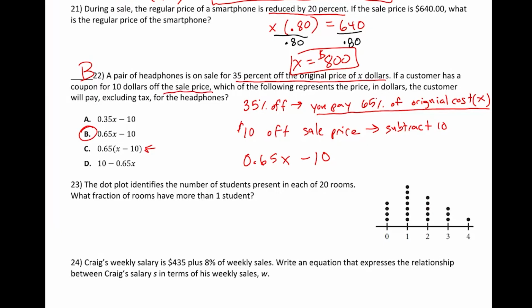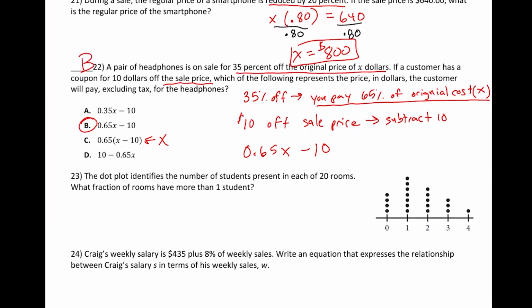So you do have to do that 65% first and then subtract the 10. So it's really just like an order of operations question here. We want to make sure we apply the discount and then take the $10 off at the end. So be careful with that distractor item.